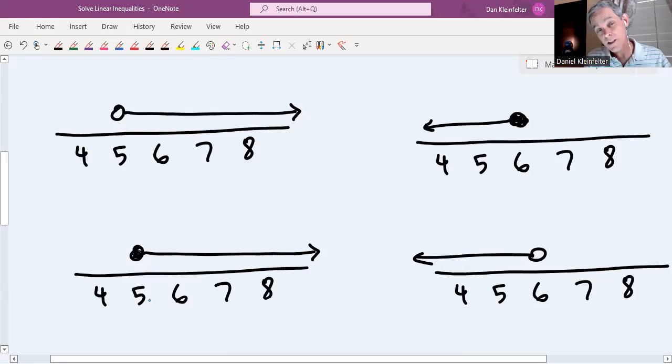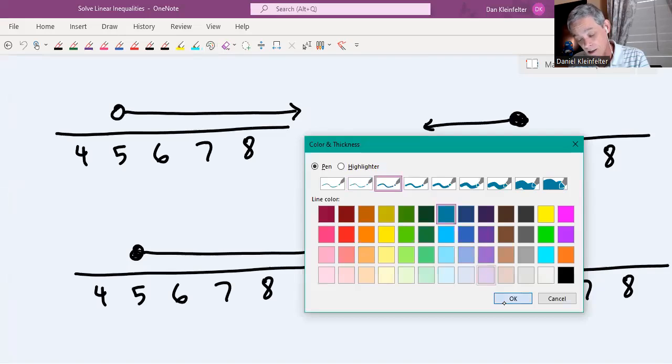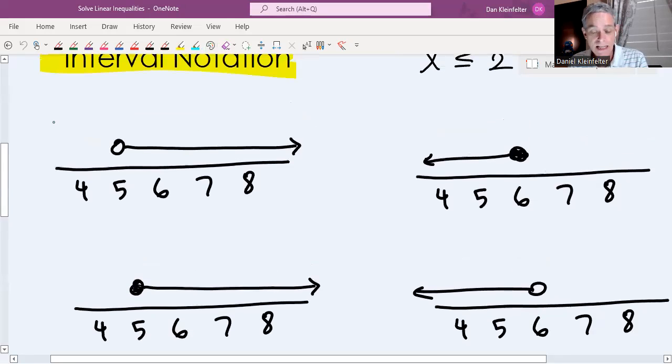If it's a solid circle, the 5 is included. If there's a hollow circle, the 5 is not included. In inequality notation, in the first case we say x is greater than 5. In the second case, it would be x is greater than or equal to 5.